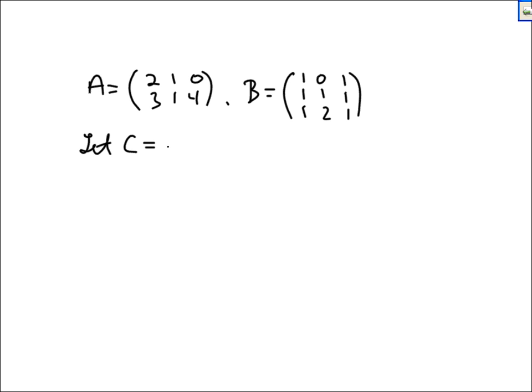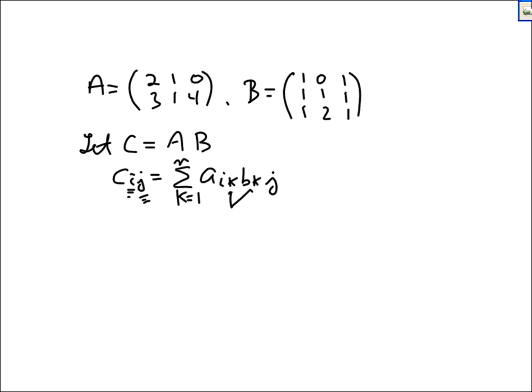In general, let C be equal to A times B, which is not A dot B. The C_ij entry will be the summation of A_ik B_kj, where k goes from 1 to n, where n is the number of columns in A, which is the same as the number of rows in B. We'll talk about that.